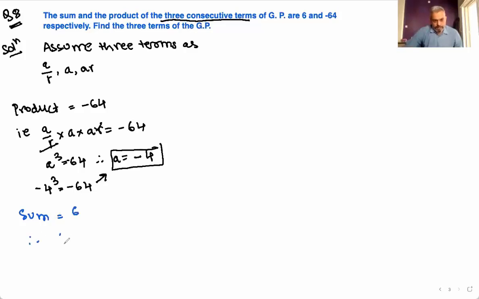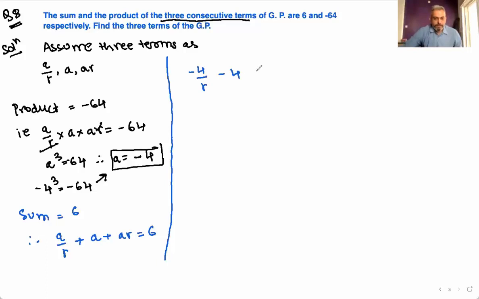Therefore, A by R plus A plus AR is equal to 6. Now, we know what A is. So minus 4 by R plus minus 4 plus AR, so minus 4R, is equal to 6.